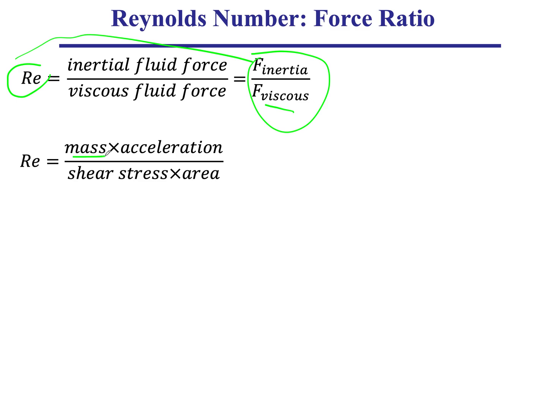And what is mass? Let's do this using the scales: the velocity scale U, length scale L, and time scale, which is L over U. So let's plug those in.